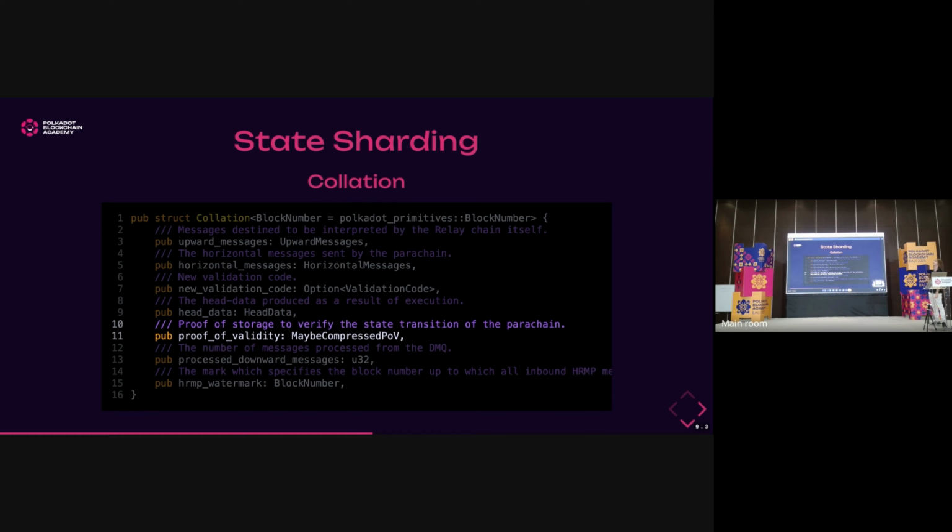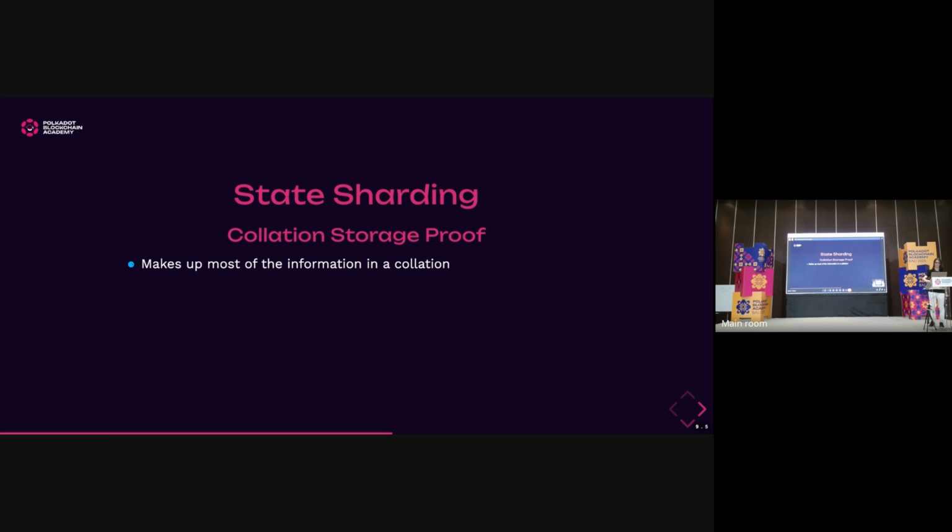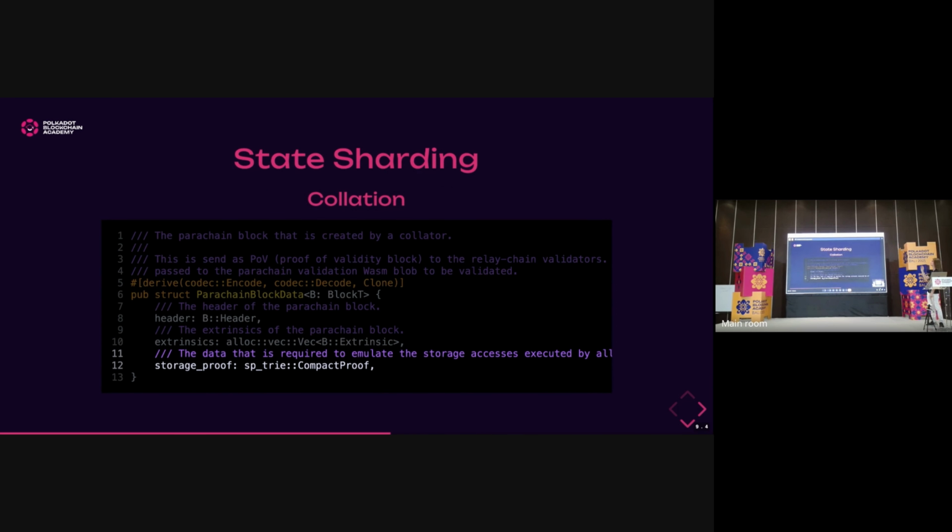We also have something called a PoV. And the PoV has the extrinsics. This is essentially just the transactions. This is what we're expecting. Transactions are definitely needed for the verification, but there's something extra. This is the storage proof. And in fact, the storage proof is most of the weight, of the size, of the collation.